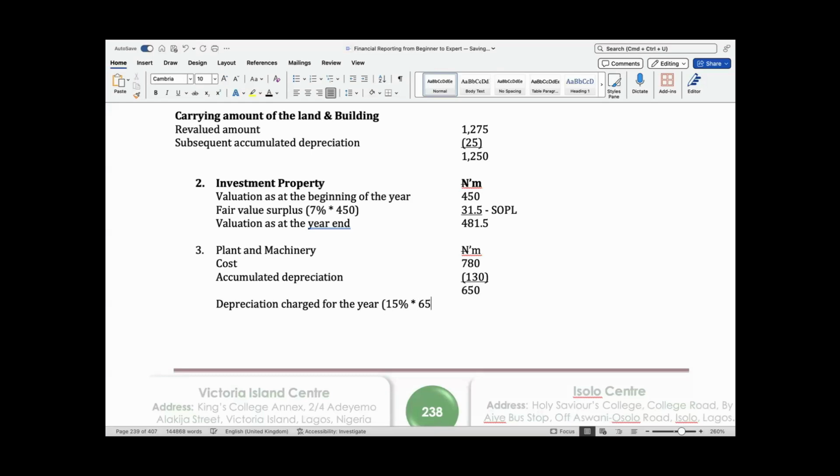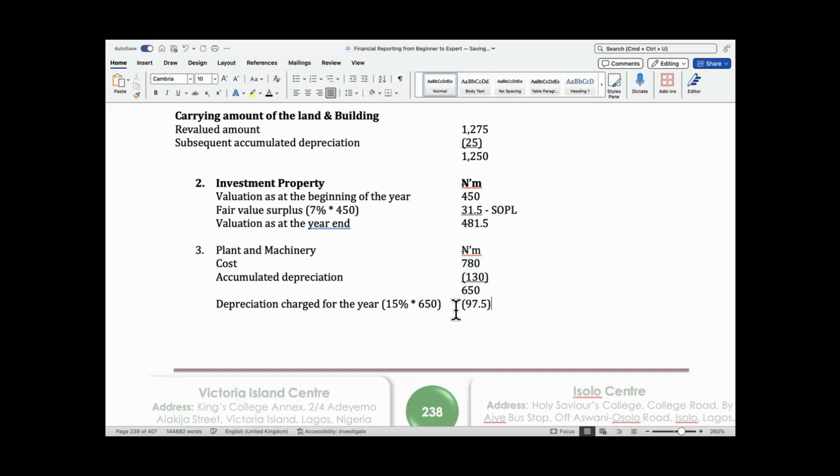If it is reducing balance, it's going to be 15% on the reduced balance after deducting the depreciation from as at the beginning. If it had been straight line method, it would have been 15% on cost, on 780. But since it's reducing balance, it will be on 650. So how much would that give us? 97.5.